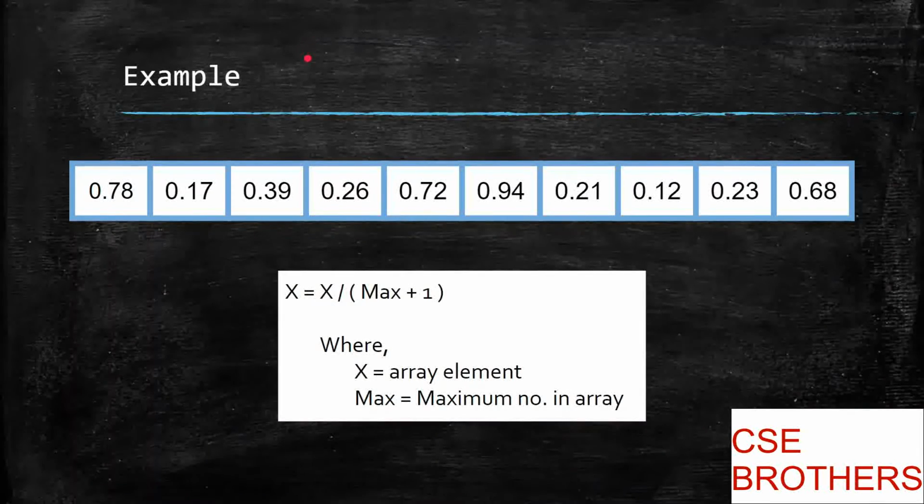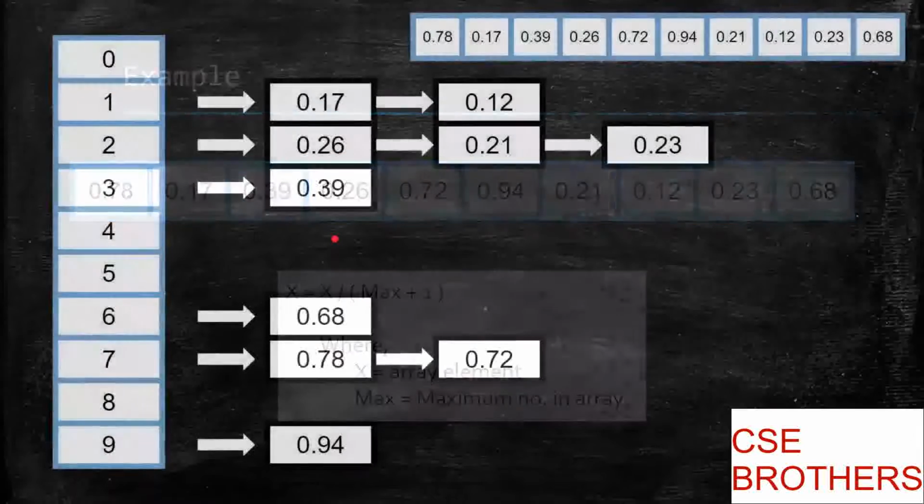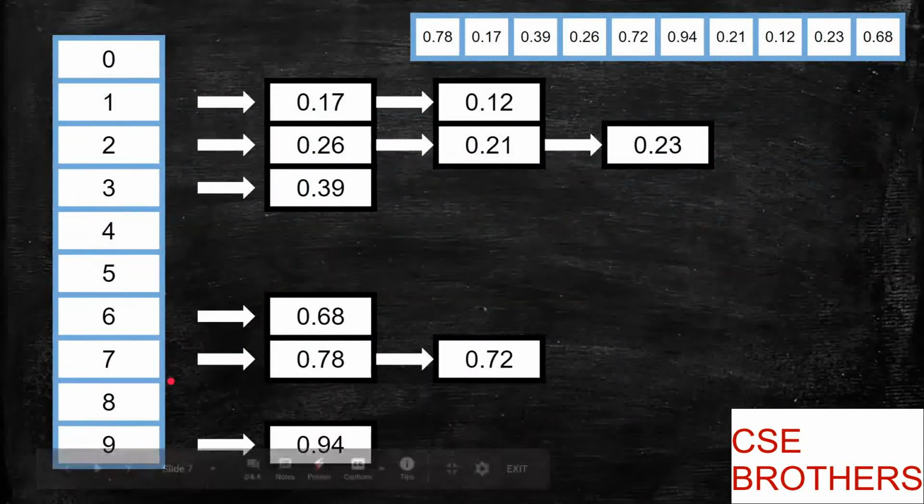Let's take one example to understand how bucket sort actually works. Here we have an input array of size 10, and each element is in the range 0 to 1, so no need to transform. Let's take 10 buckets to perform the bucket sort, bucket number 0 up to bucket number 9.